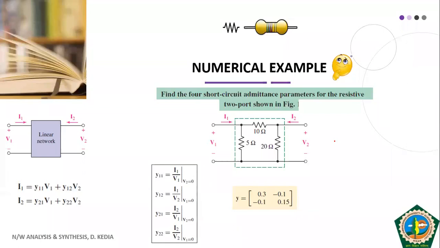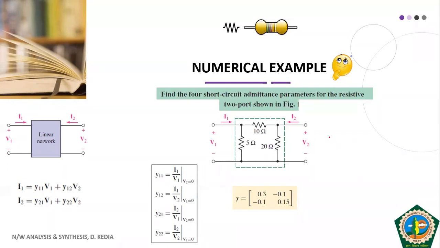With this example, all your doubts should be clear: how do we represent a two-port network, what is the meaning of this black box approach, and what is the meaning of two ports, that is port at the input side and port at the output side.